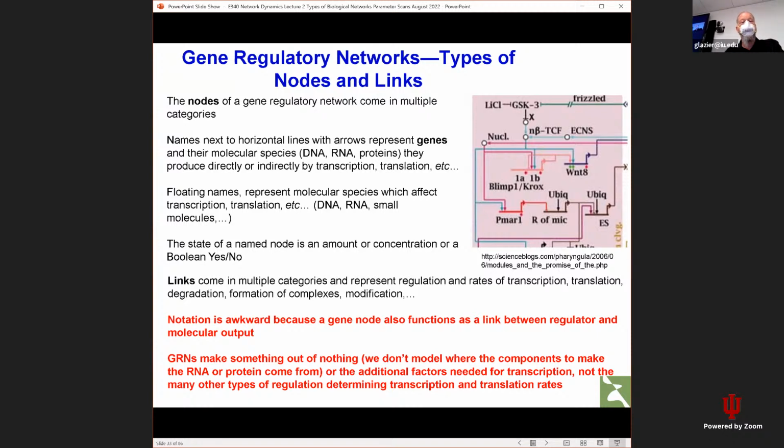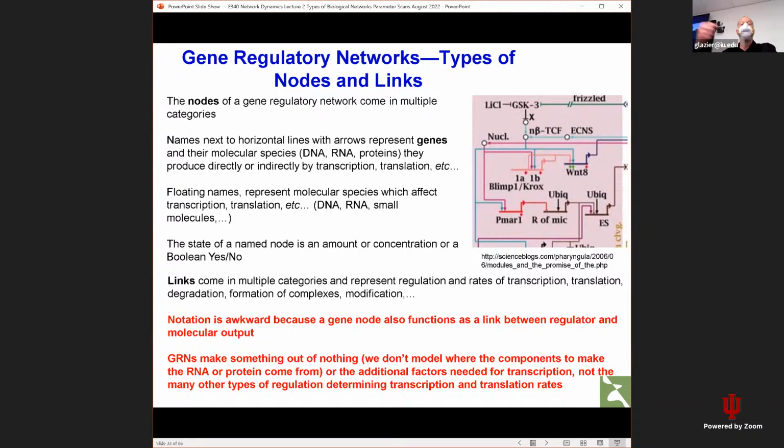Links can represent a lot of different things because there are a lot of different kinds of regulation. There are a lot of different places you can change the production of a protein. I can change the rate at which the DNA is transcribed into RNA. I can change whether the RNA is edited to messenger RNA.